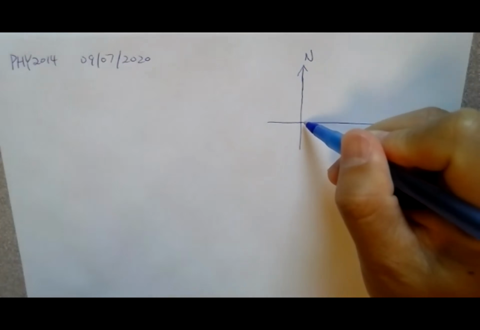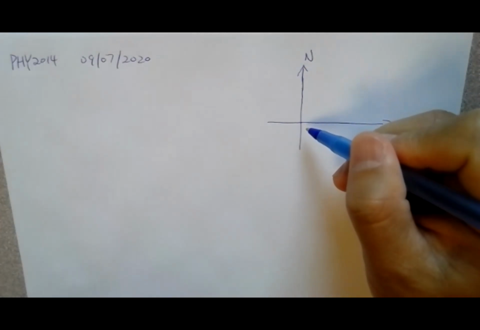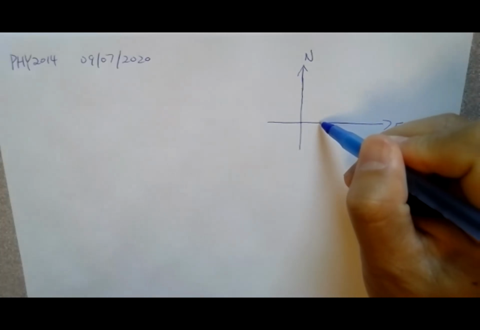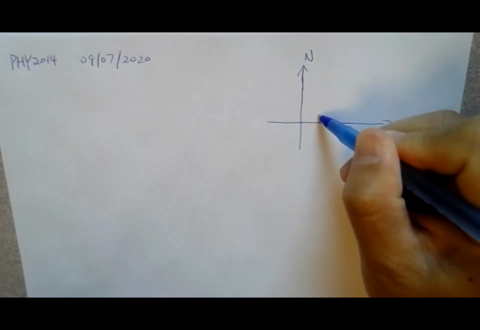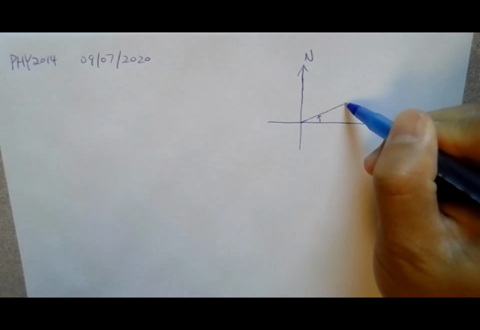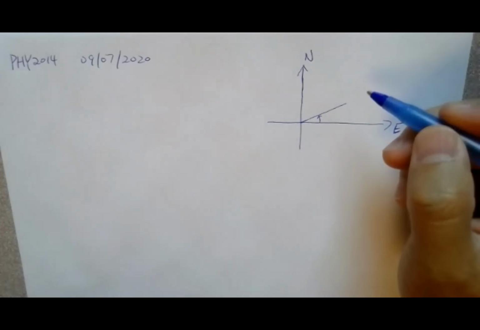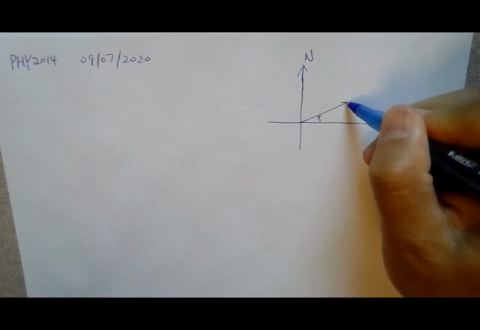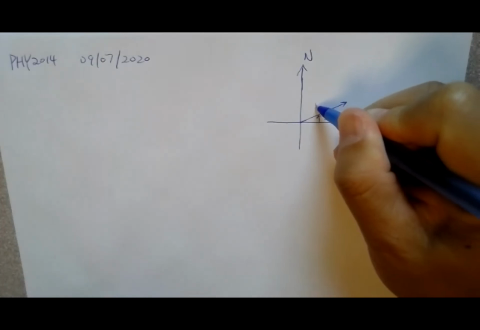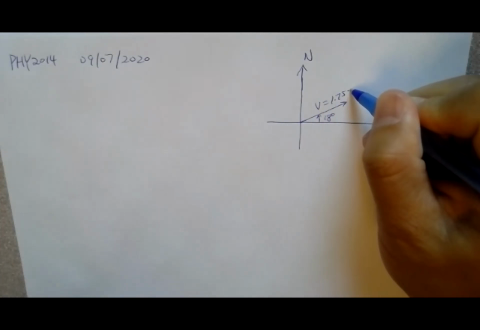So it says north of east. That means you are measuring from east, but towards the north side, so in that direction. You might have to get used to the wording here. When it says north of east, that means it's measuring in that direction. So this is 18 degrees, and this is 17.5 meters per second.